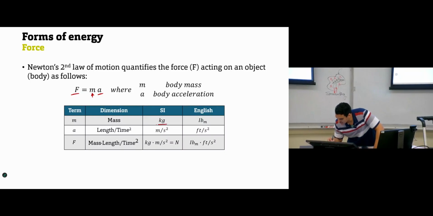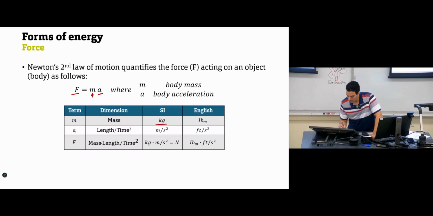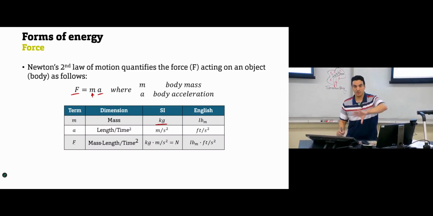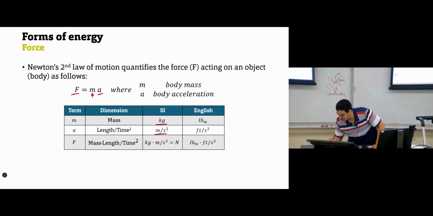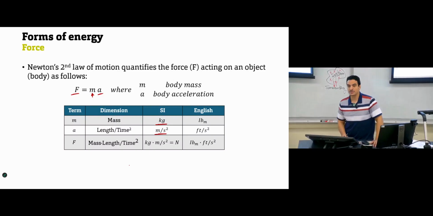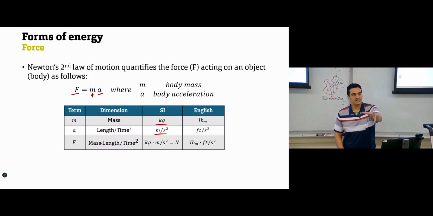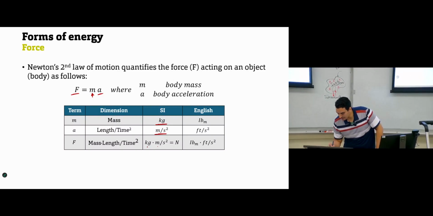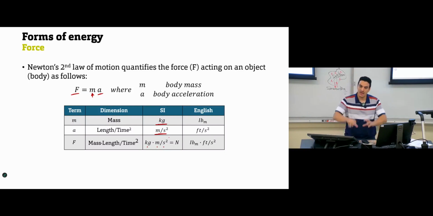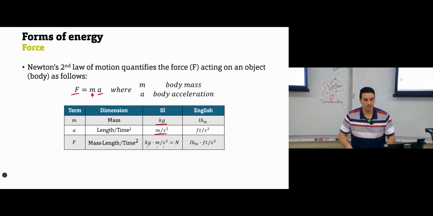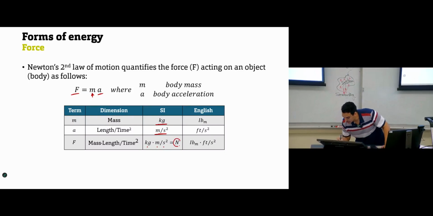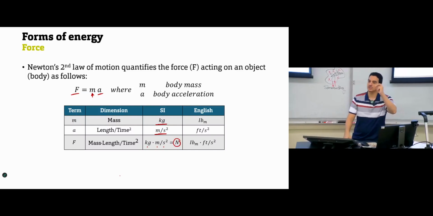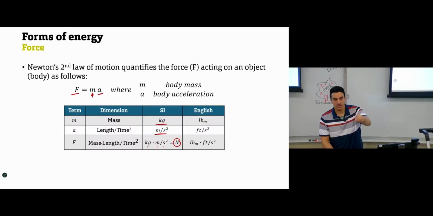In the SI system, it's in kilogram. A, acceleration, is length over time squared, in the SI system meter per second squared. So mass times acceleration is kilogram meter per second squared, and all of this is combined together in what is called Newton. So when we say the force is 10 Newton, it means 10 kilogram meter per second squared.